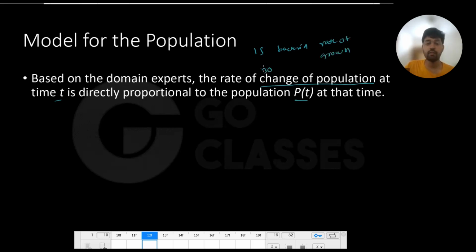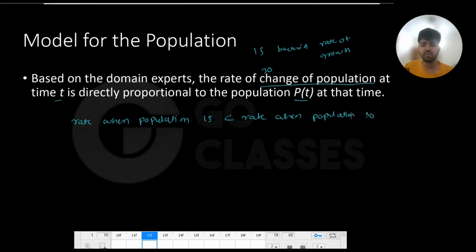If it's 30, it will be more than the rate you have over here. So the rate when the population was 15 is less than the rate when the population is 30.